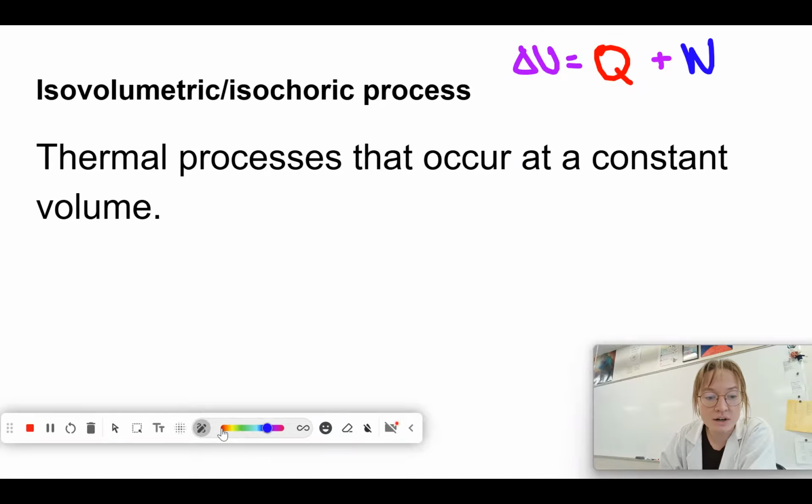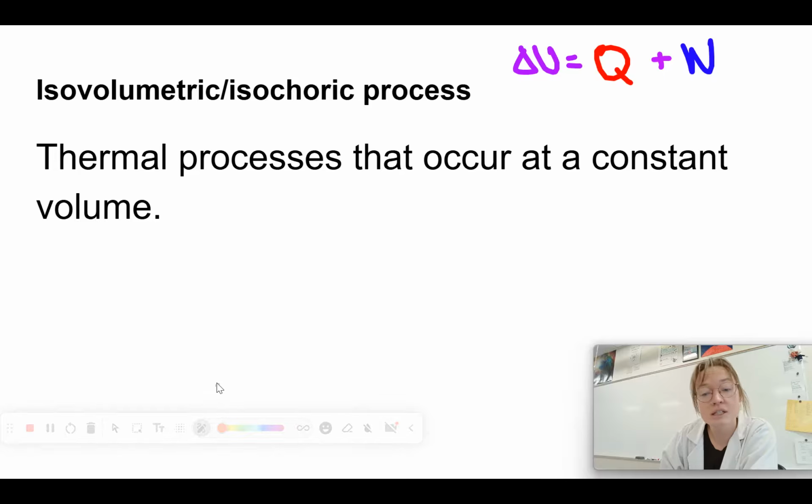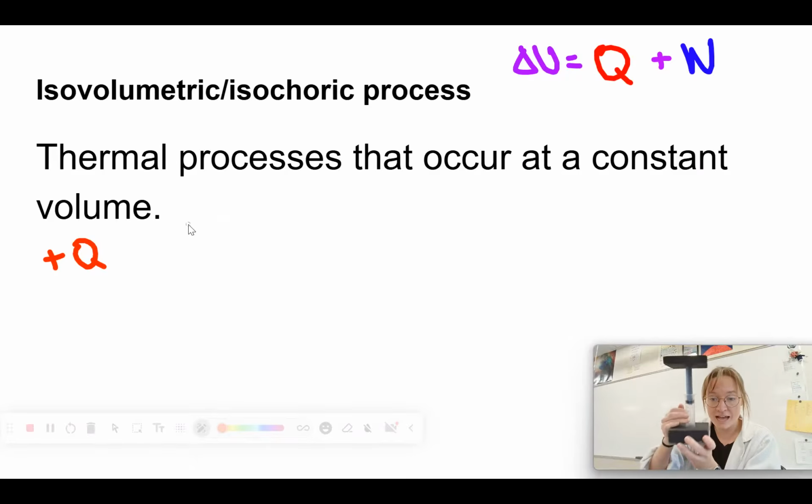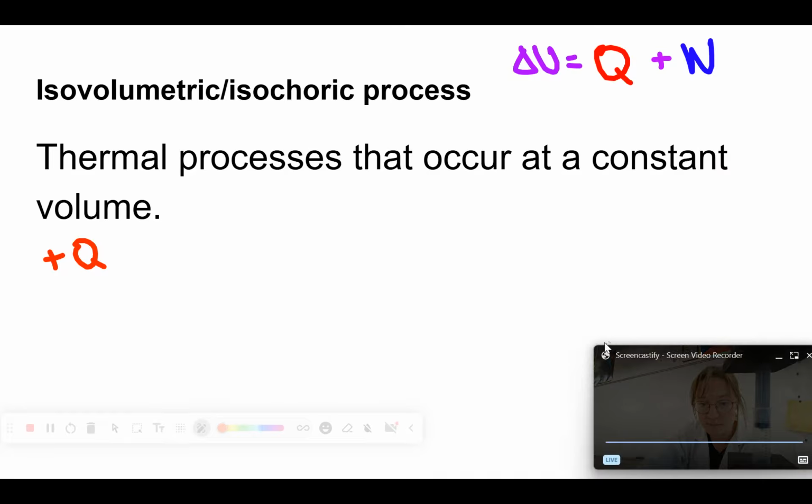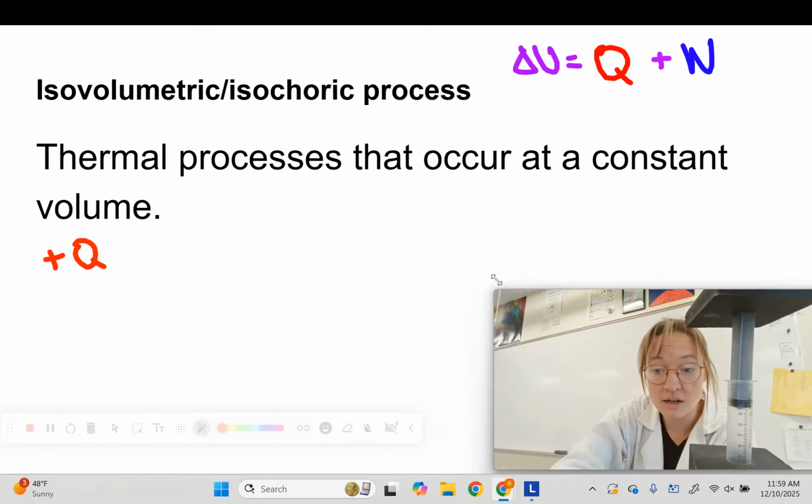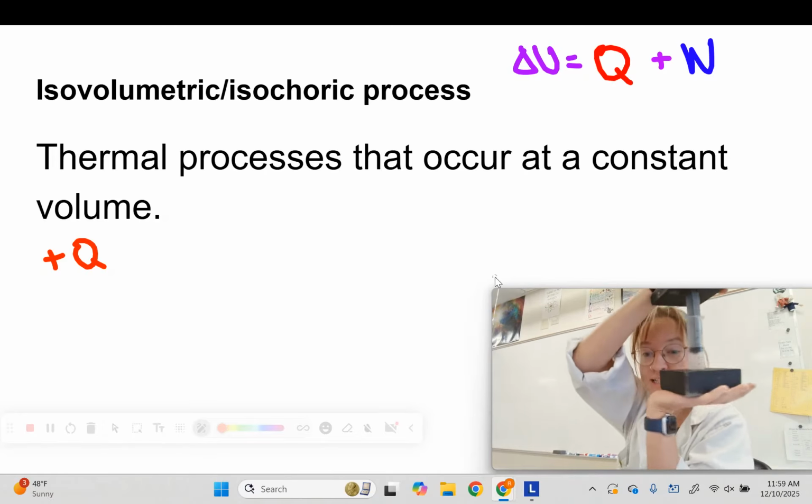Now, it's going to start out very, very similarly to an isobaric process. What you're going to do is start by adding heat to a gas. Say that I add a bunch of heat to this gas, but then instead of letting it expand, suppose that I held my hand on top of this guy like this so that I didn't let it expand.